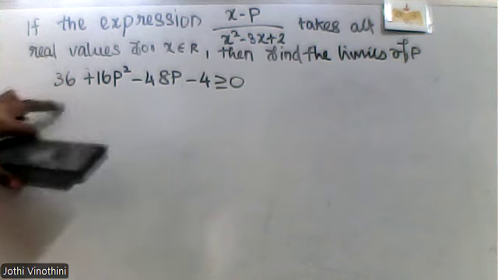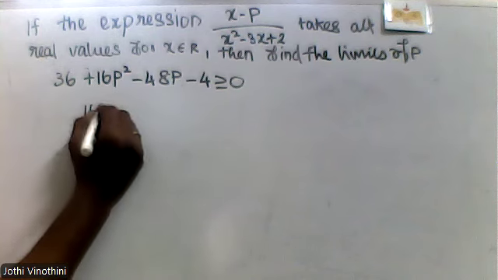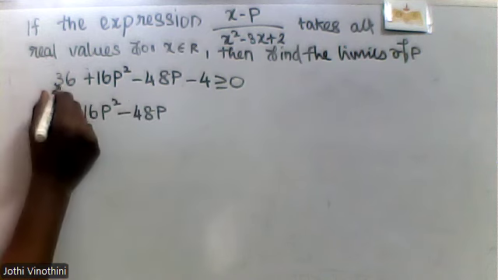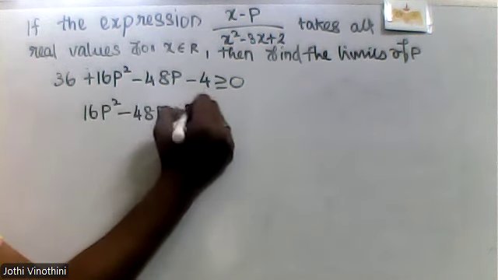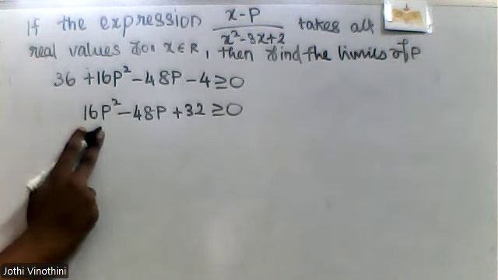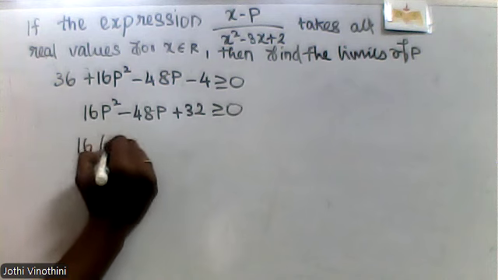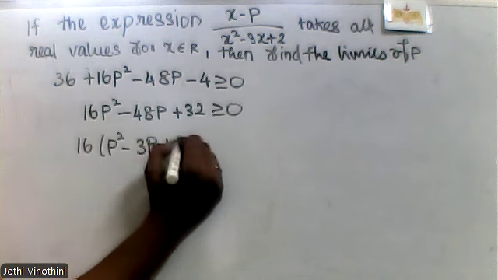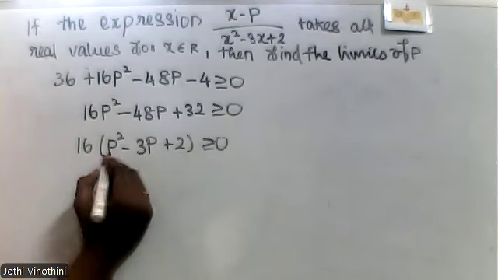So I'm going to simplify this. So 16p squared minus 48p plus 36 minus 4, which is plus 32, must be greater than or equal to 0. So I'm going to take that 16 as common. So it will become p squared minus 3p plus 2 must be greater than or equal to 0.